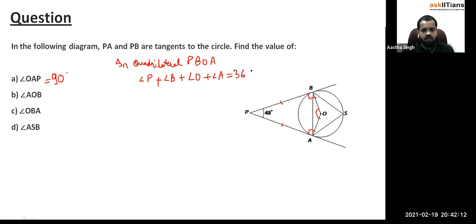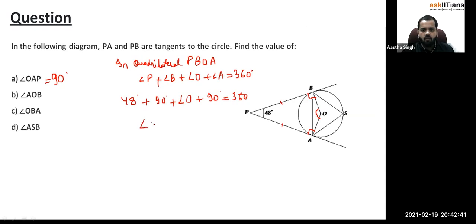I think the point is very clear, right? So angle P is 48 degrees plus angle B, which is 90 degrees. Why? Because the radius makes an angle of 90 degrees at the point B. Angle O you do not know and you have to find it, right? And angle A is also 90 degrees, equal to 360. 90 plus 90 is 180, and 360 minus 180 is also 180.